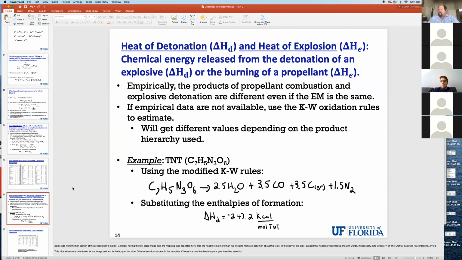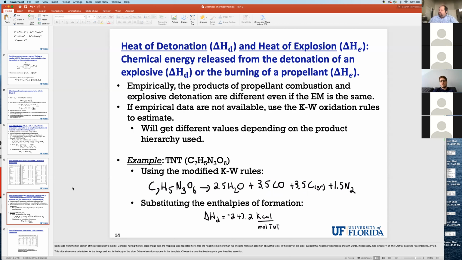Okay. Professor, can I ask a question about this? Yeah. So do we assume that the products are at the same temperature for these calculations? Yes. But in actuality, they're a lot hotter, aren't they? Yes, they are. But what we are trying to define is the amount of chemical energy that is liberated by the chemical reaction itself.